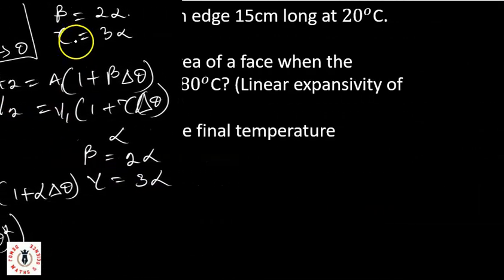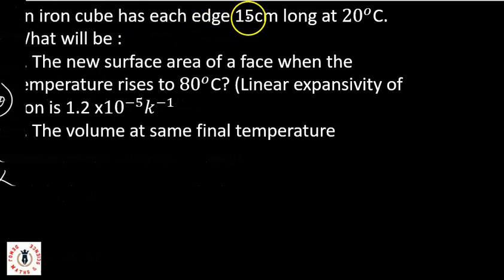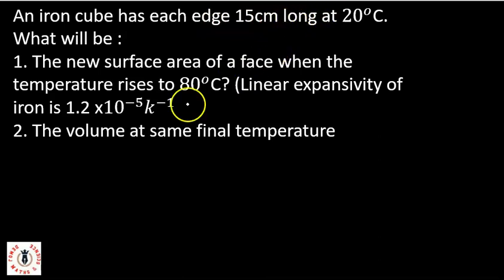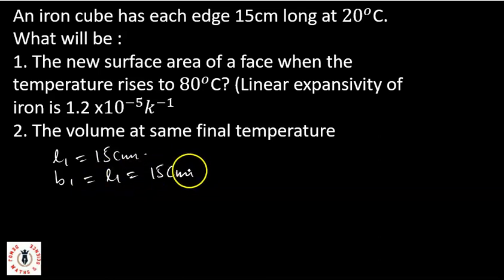Our first question says that an iron cube has an edge 15 centimeters long. Since this is an iron cube, obviously L1 is equal to 15 centimeters, and because it's a cube, my B1, the breadth, is equal to L1, which is also 15 centimeters.